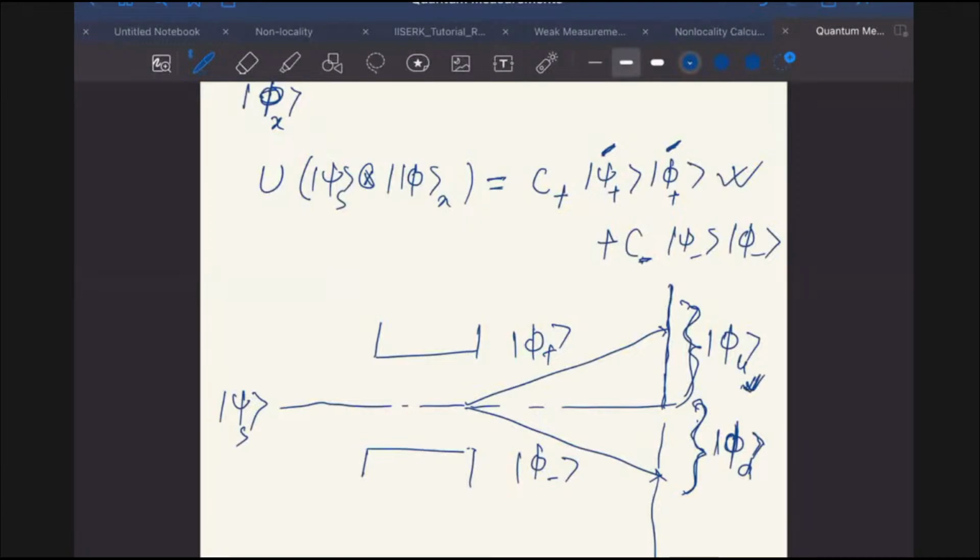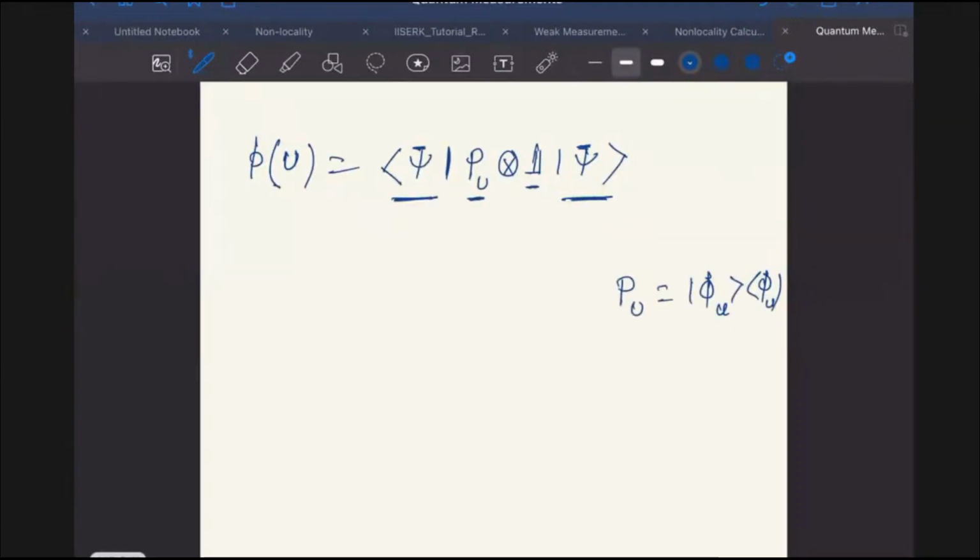Unless it would have been like some P plus equals some phi plus, but I am not considering this because that would be an assumption. Then I am saying that each of the position components is going up and each is going down. But there would be an experimental error, right? For that, I should not assume that. So I am assuming that this projector is for the detection on the screen in the up direction. So this is my projector.